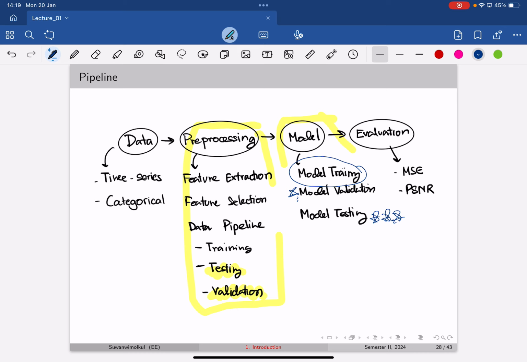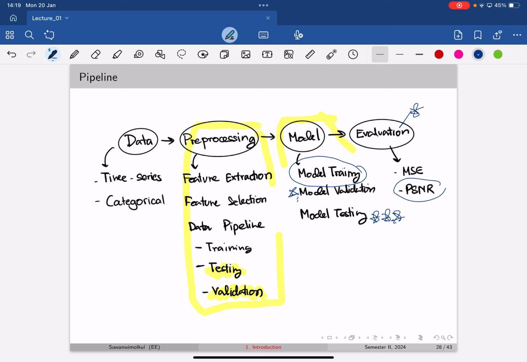And yes, another thing that we have to learn in this course is how we are going to evaluate your model, the model evaluation or performance evaluation. And probably you are familiar with these two types of evaluation: MSE, mean square error, and the next one is peak signal to noise ratio. Peak signal to noise ratio is usually an evaluation metric when you evaluate the quality of an image, the picture.